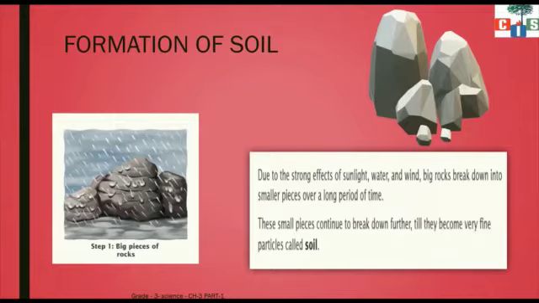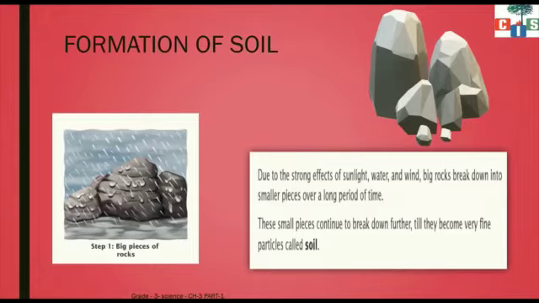Due to the strong effects of sunlight, water and wind, big rocks break down into smaller pieces over a long period of time. So what happens, students? The sunlight is falling on these big rocks, and in the rain, water is falling on the rocks, also wind is blowing.